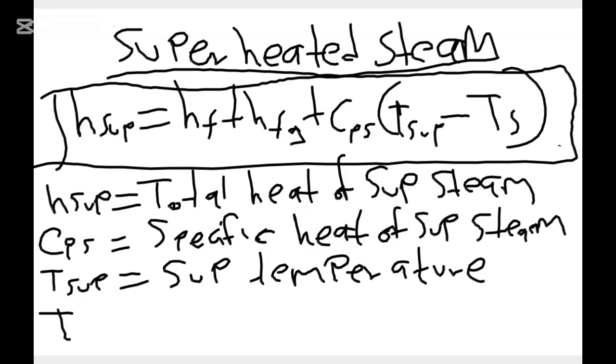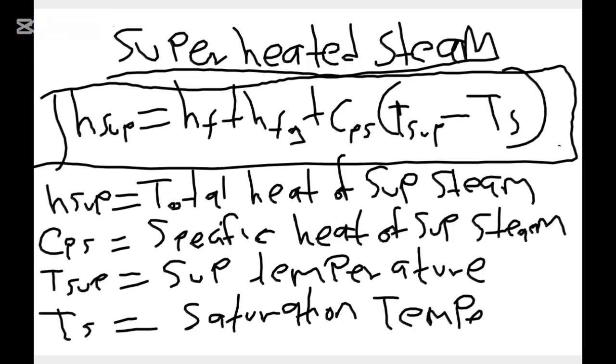And also the TS means the saturation temperature. So this is all for the superheated steam.